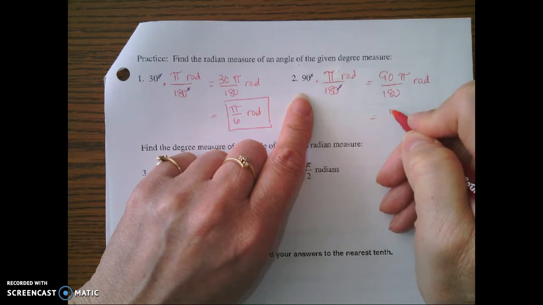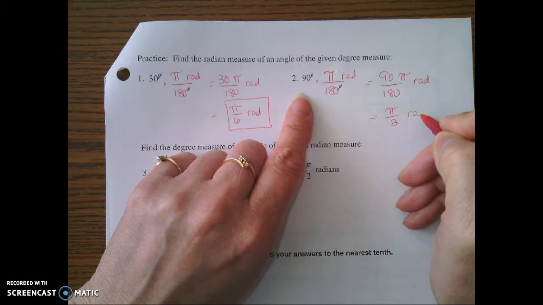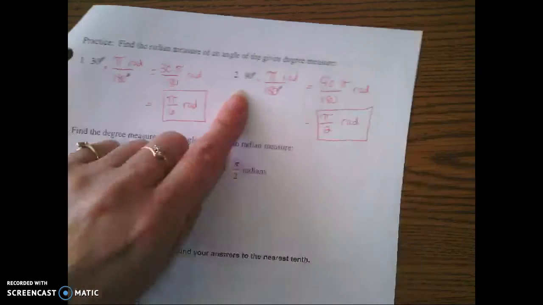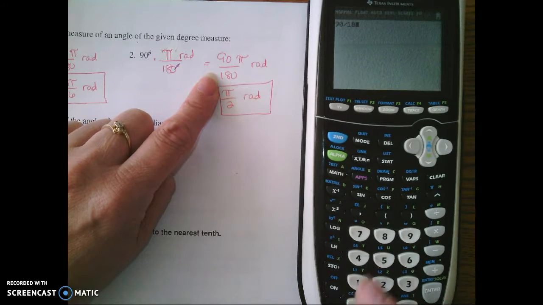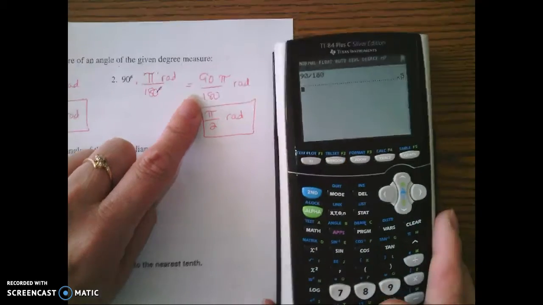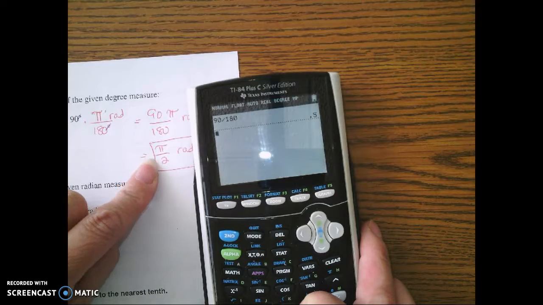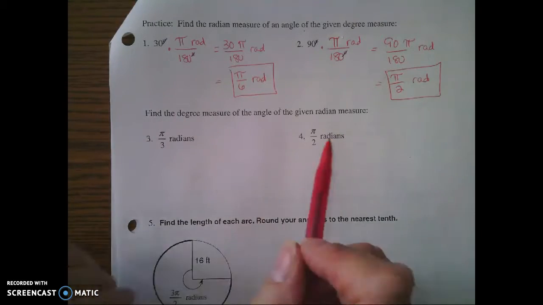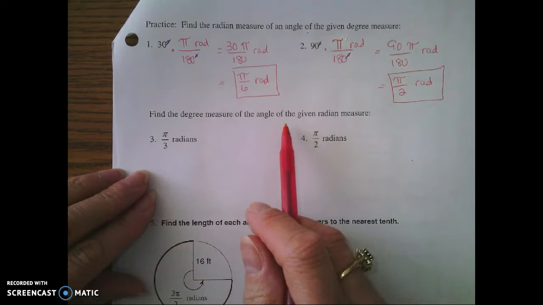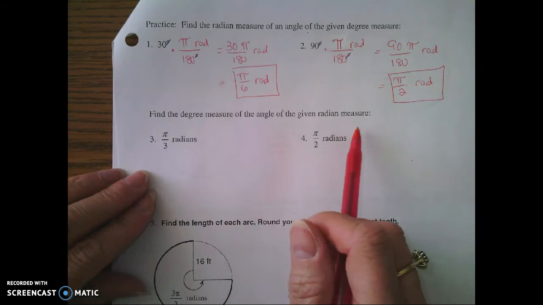This reduces to pi halves radians. Again, if you want to see it on the calculator, you're doing 90 divided by 180. It's 0.5, which is the same as your 1/2. Or if you did your math, enter, enter. There's your 1/2.